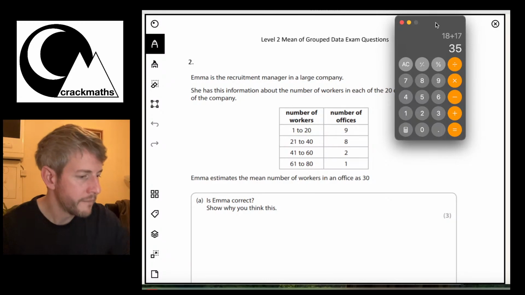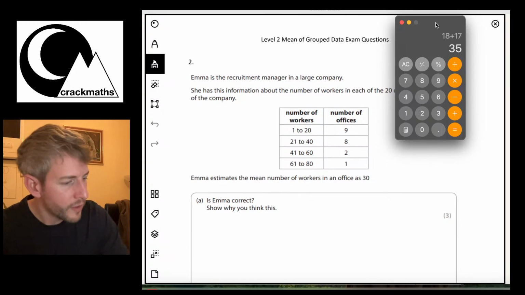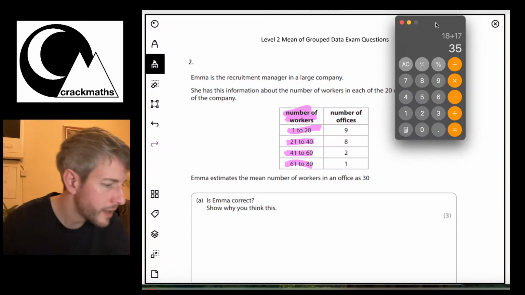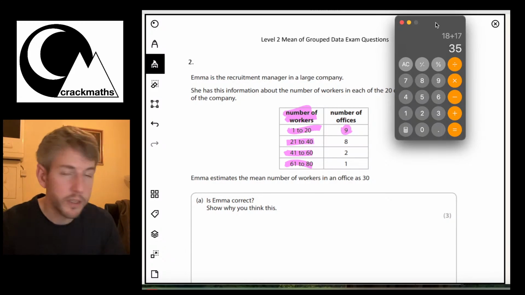So here we go. We've got our table here. We've got this bit here which says the number of workers. So we've got 1 to 20, 21 to 40, 41 to 60, and 61 to 80. And then we've got the number of offices. So this means that 9 offices have between 1 to 20 workers.